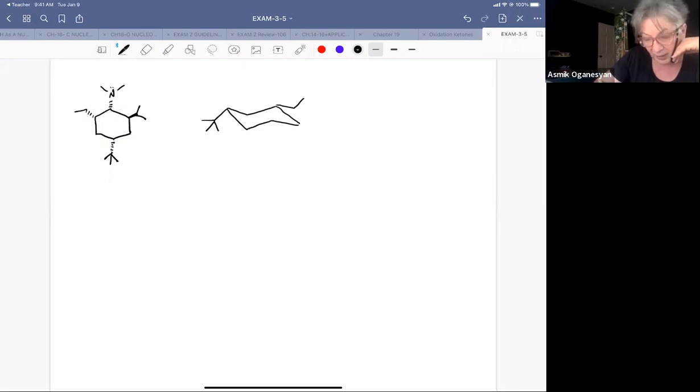I have my amino group, methyl amino group, pointing down. So now it's going to be axial. And then we have isopropyl group being axial as well.